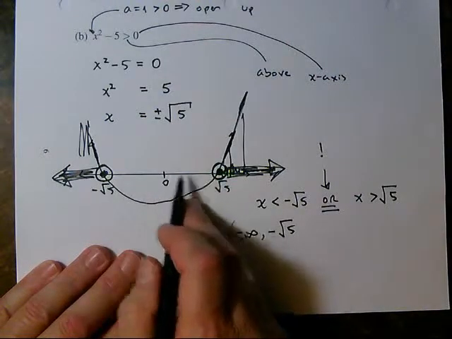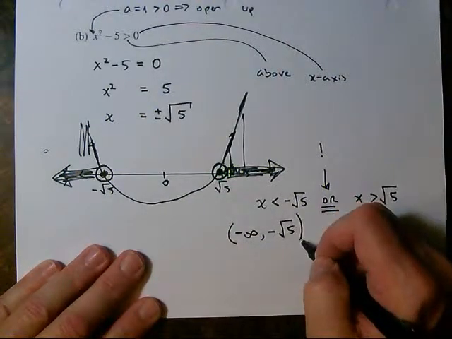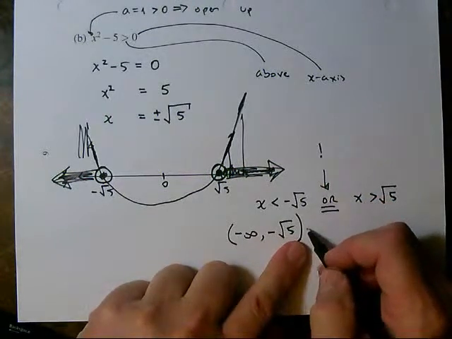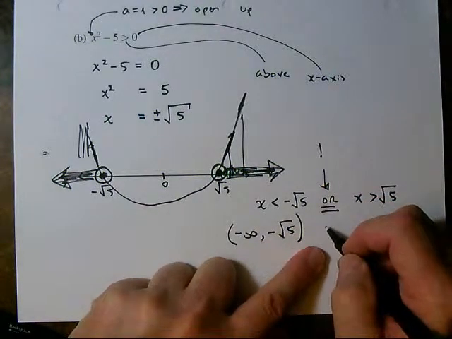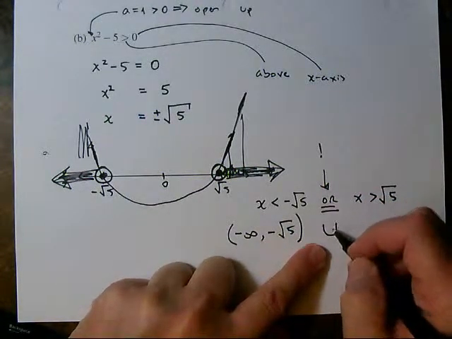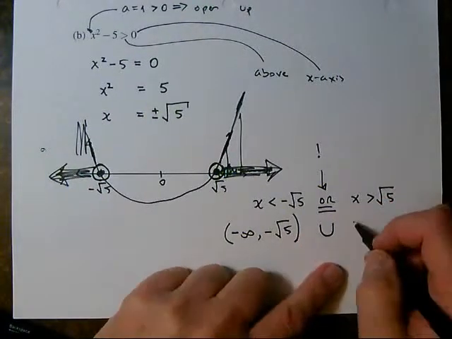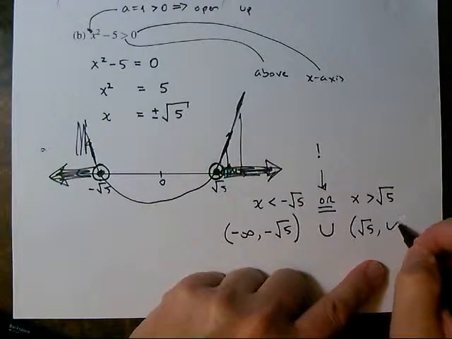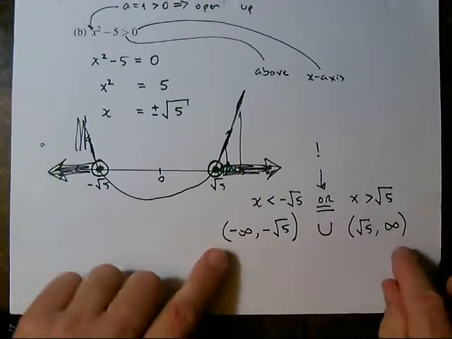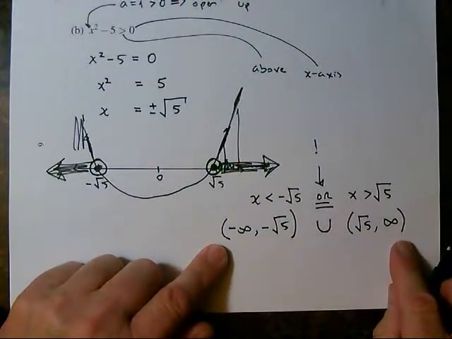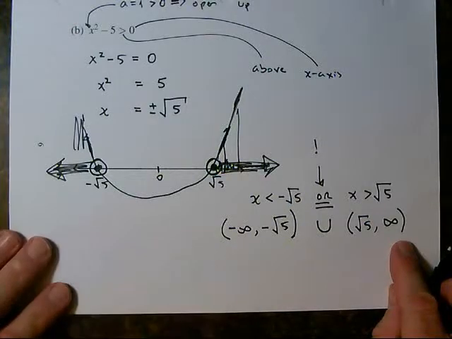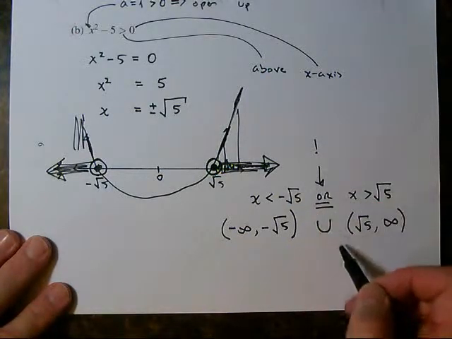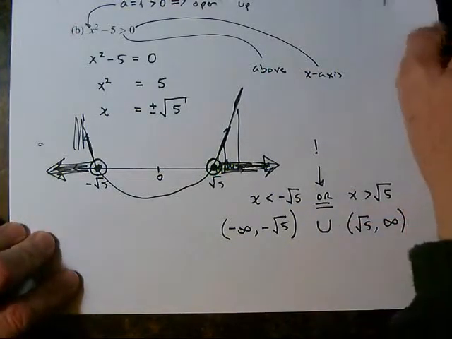Now we're excluding the endpoints. That's why there are circles here. So we exclude by putting a parenthesis. We translate the union for the or, and then we exclude square root of 5 here. Go up to positive infinity. We always exclude the infinities because infinity is actually not a number. So either one of these would be a way to write the solution to this problem.